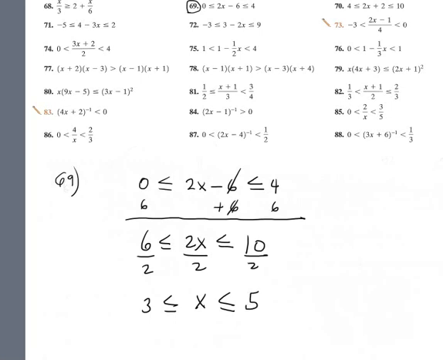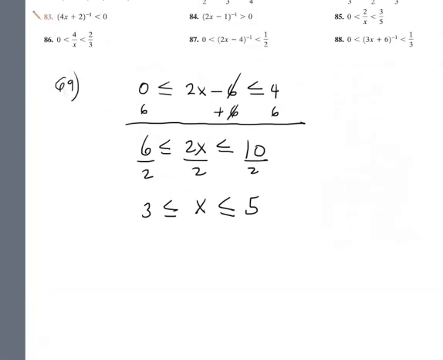Okay, the graphic representation of this solution is, look, this is the all real number line, this is infinity, this is negative infinity, this is 0, 1, 2, 3, 4 and 5.